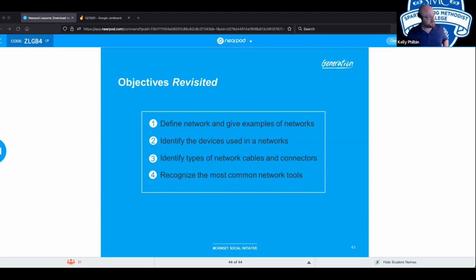We should be able to identify types of network cables and connectors: RJ45, F-type, BNC, RJ11, LC, ST, SC, MTRJ. And recognize the most common network tools.